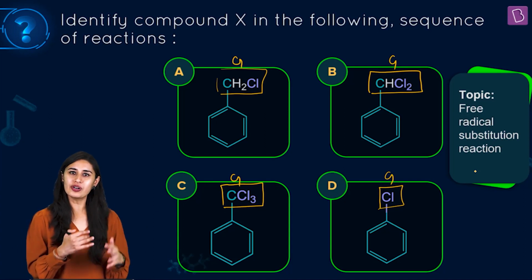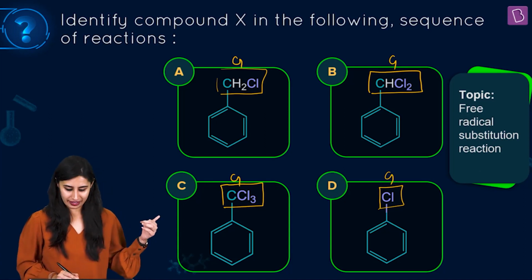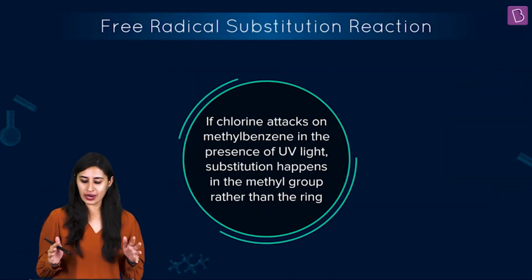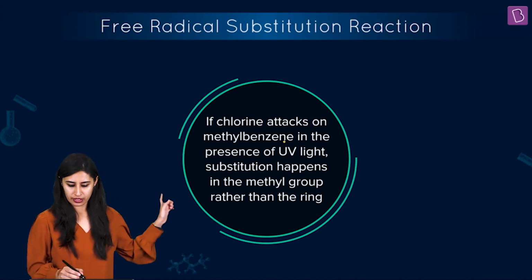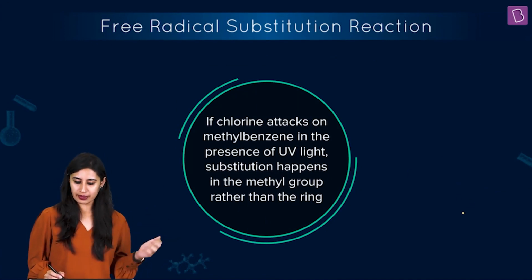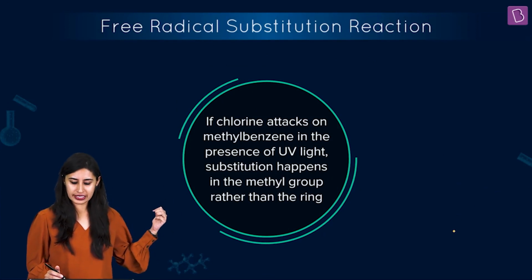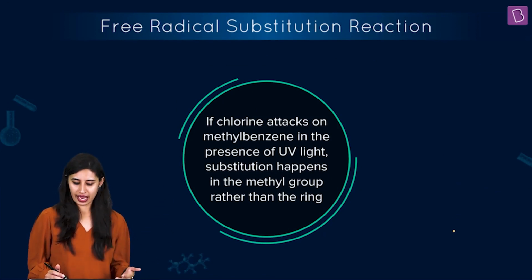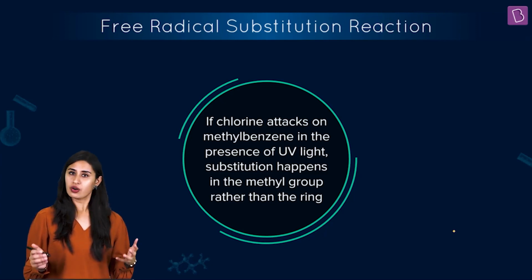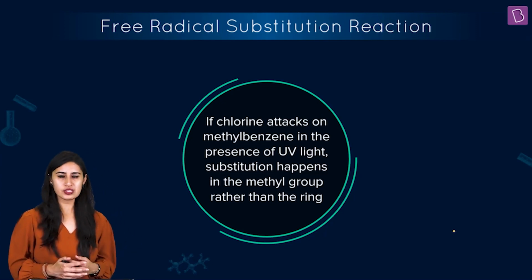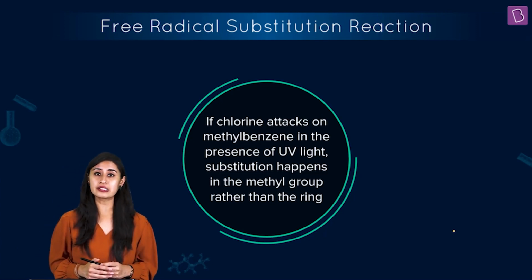So let's unfold the layers one by one. Let's first address what is a free radical substitution reaction. If chlorine attacks methylbenzene, or simply toluene, in the presence of UV light, substitution happens in the methyl group rather than on the ring. This we know already, free radical substitution.